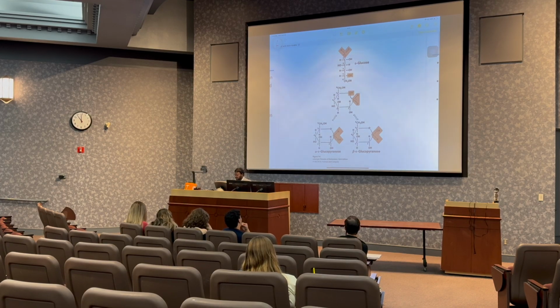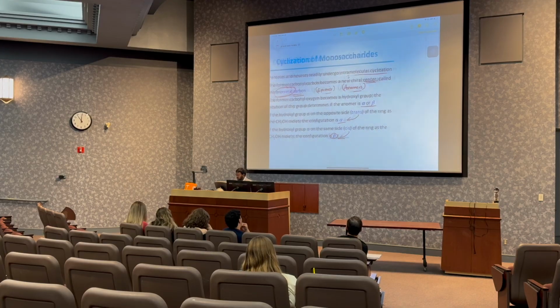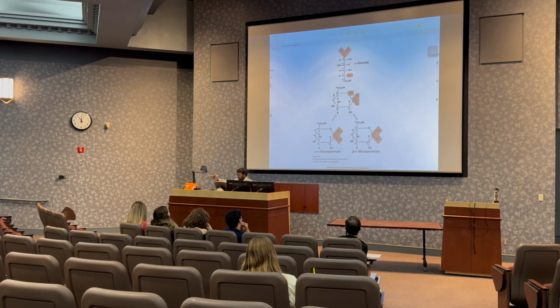Okay, so I'll start with the molecule D-glucose, and I'm confident that all of you can draw the structure of glucose, right? I'll repeat it one more time, to show how you can draw the structure of a glucose molecule. Glucose is a 6 carbon molecule and it contains an aldehyde group.